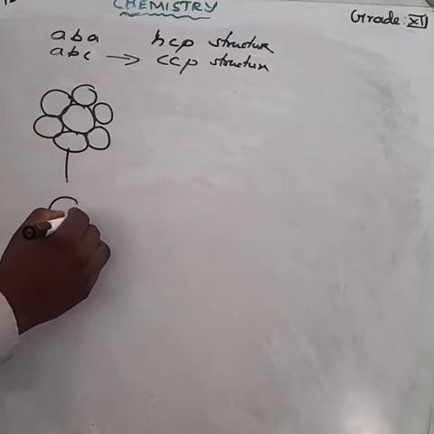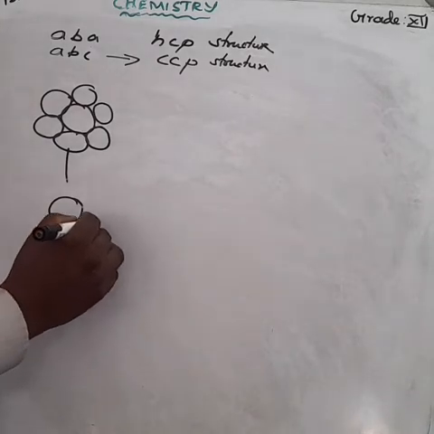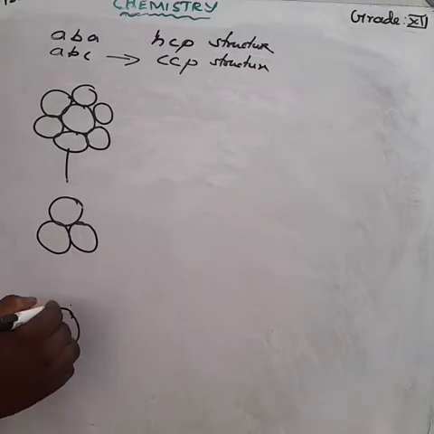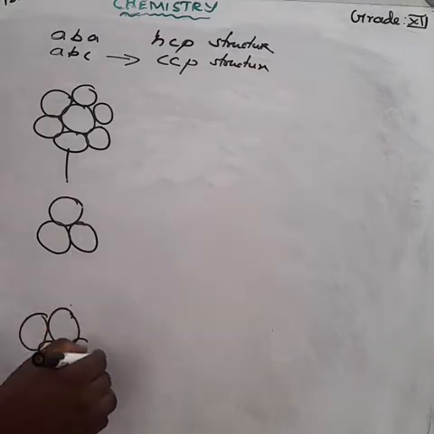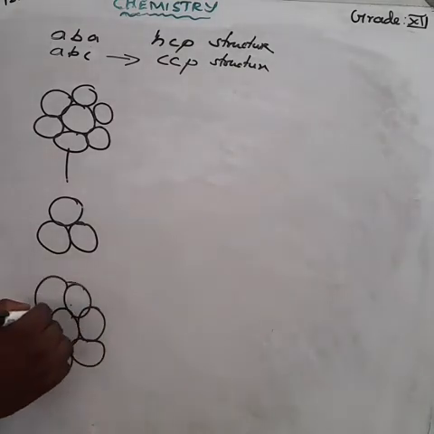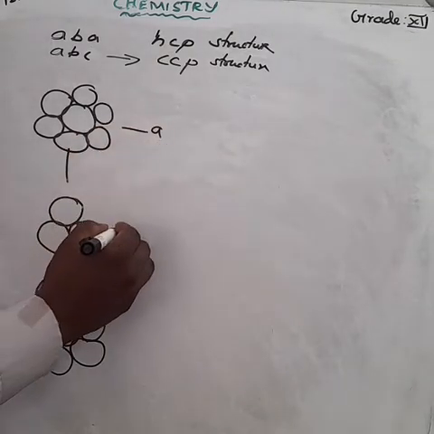Please try to understand the concept. Look at the middle of the diagram, at the top of page 191. One layer A, second layer B, again layer A. That type of arrangement is called ABA arrangement.